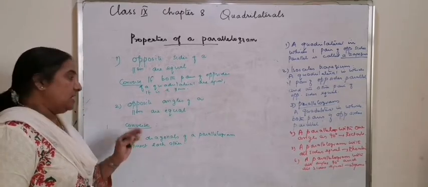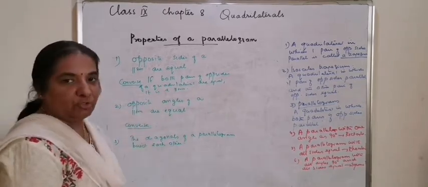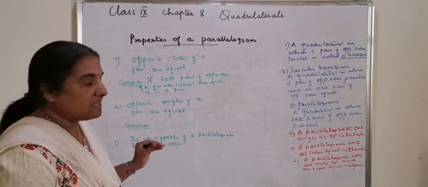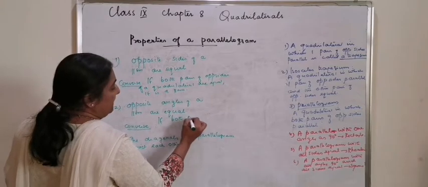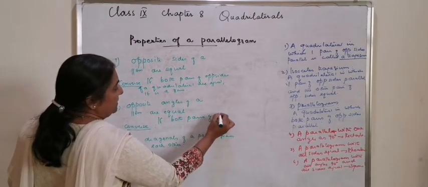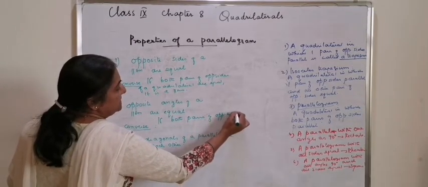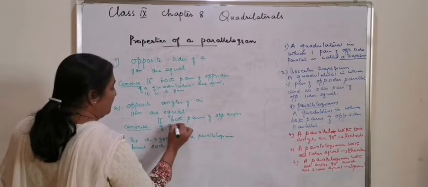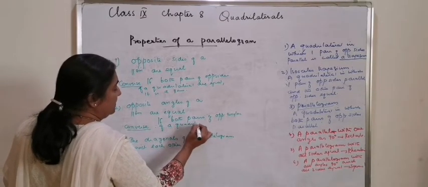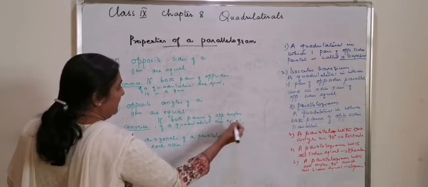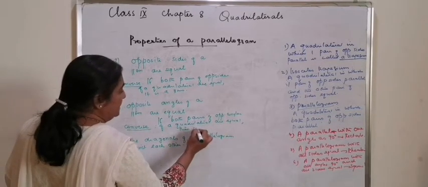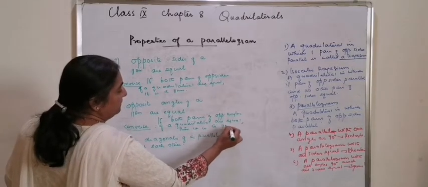The second property, opposite angles of a parallelogram are equal. What is the converse statement? If both pairs of opposite angles of a quadrilateral are equal, then it is a parallelogram.